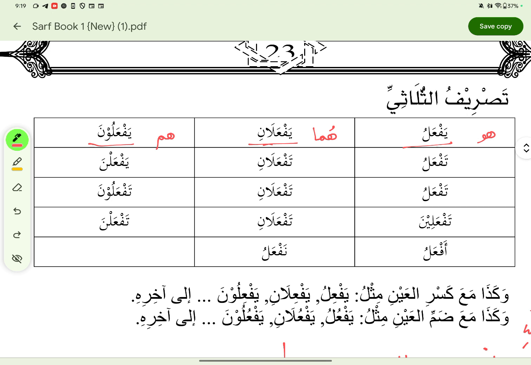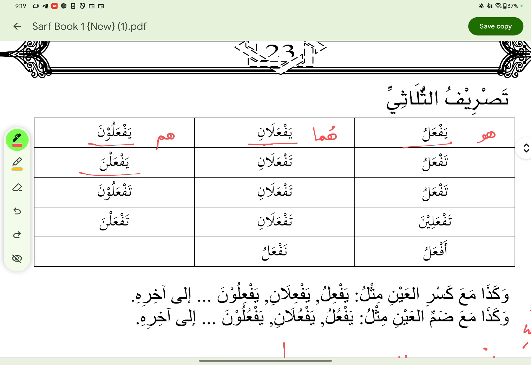But if we're speaking specifically about women, you would have certain pronouns to identify that this is particularly a group of women. Yaf'alani is two. It could be two men, or a man and a woman.